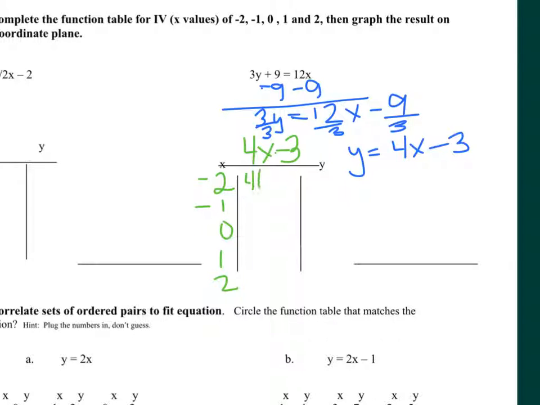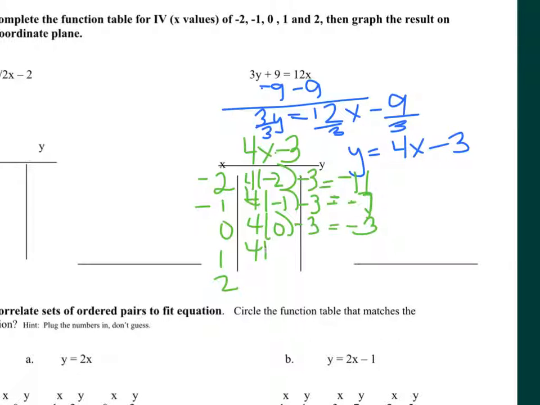So 4 times negative 2 minus 3 is negative 8 minus 3, which would be negative 11. 4 times negative 1 minus 3 would be negative 4 minus 3, or negative 7. 4 times 0 minus 3 is just negative 3. 4 times 1 minus 3 is 1.